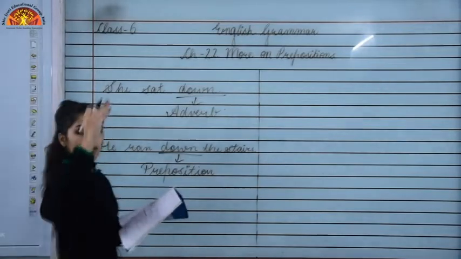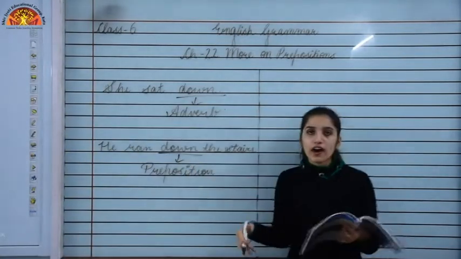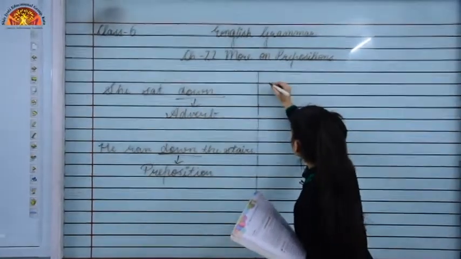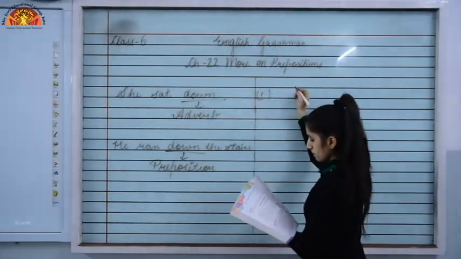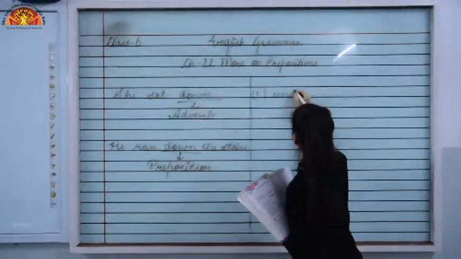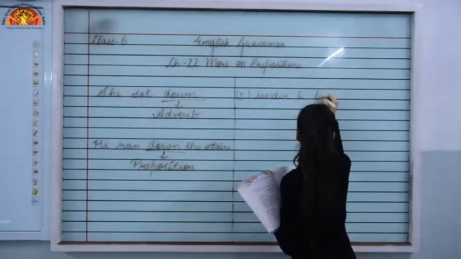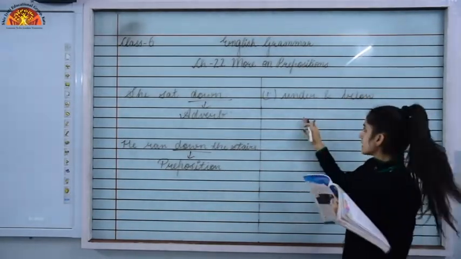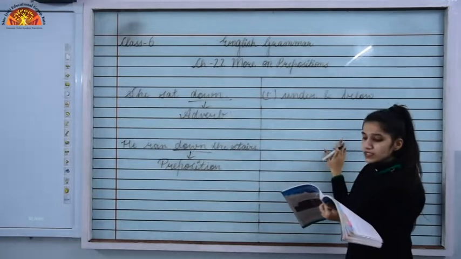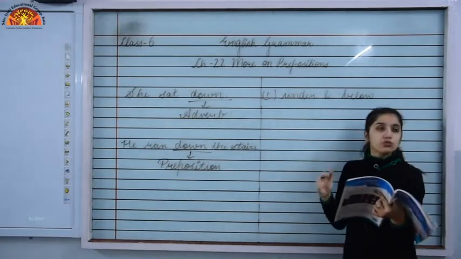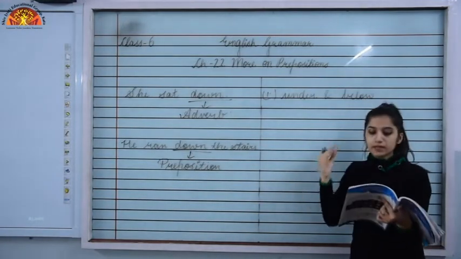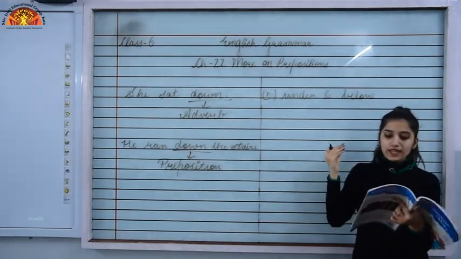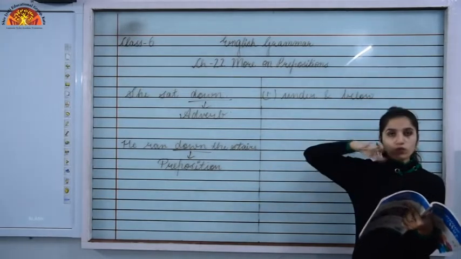Now there are some confusing pairs that we will be studying. So first is under and below. Under is used when we talk about something being covered by something else. It is used when something is covered by what is over it.